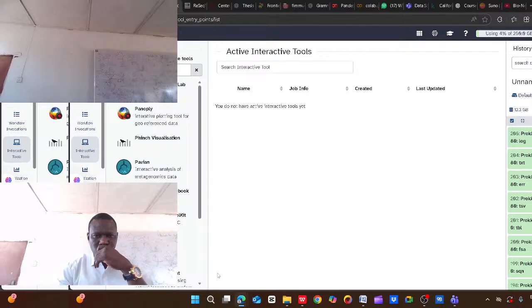You see, some of these things, even if you don't know the site, go to ChatGPT, open ChatGPT, and tell ChatGPT to give you the link. You want to use whole genome sequencing, so go to ChatGPT, open it. This your system is taking 2 years to load. What's the model of your system?